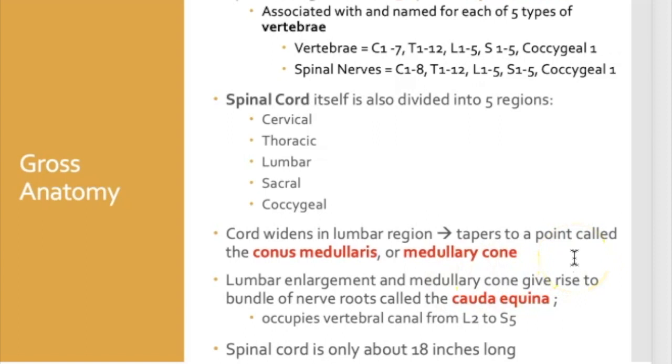From that point on, what's coming off of that cord is nerve roots called the cauda equina. So from L2 down through the rest of the vertebral column, there is no spinal cord. There are only these spinal nerve roots, the cauda equina. This term, cauda equina, translates as the tail of the horse because these nerve roots look like long hairs.